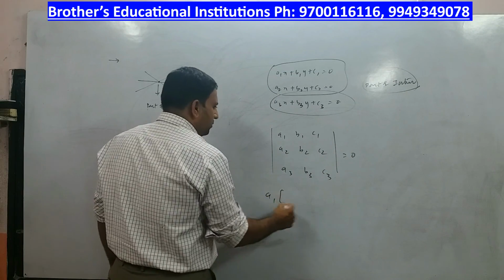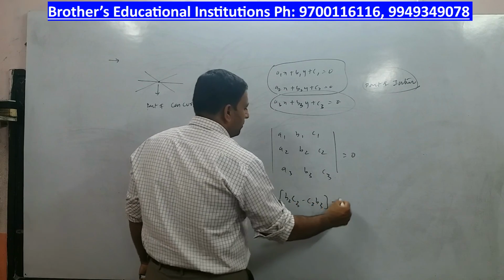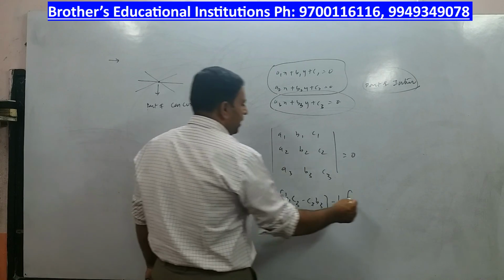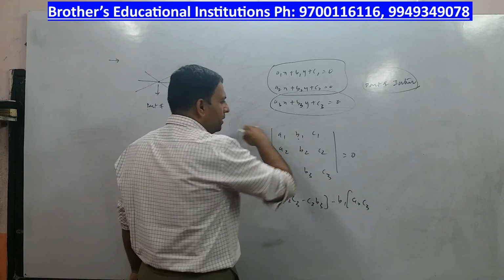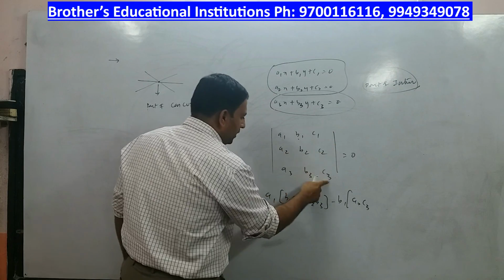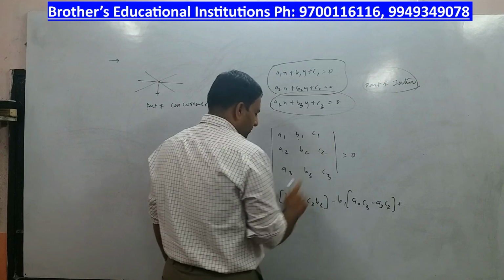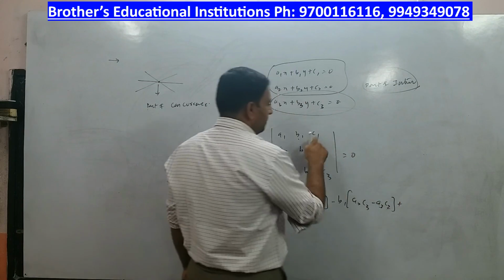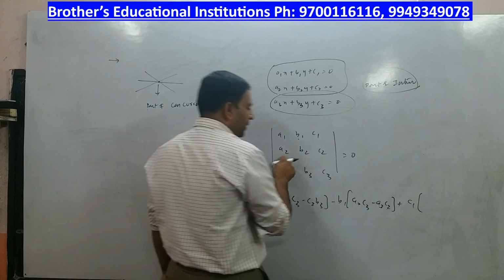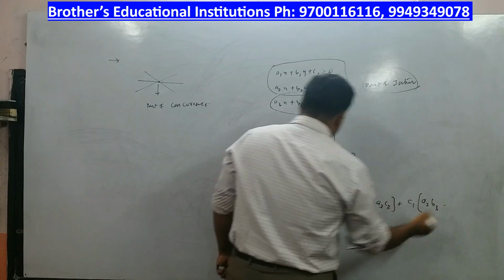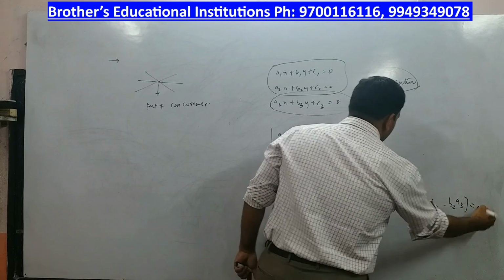See here, it is a1 into b2 c3 minus c2 b3, minus b1 into a2 c3 minus a3 c2, plus c1 into a2 b3 minus b2 a3, is equal to 0.